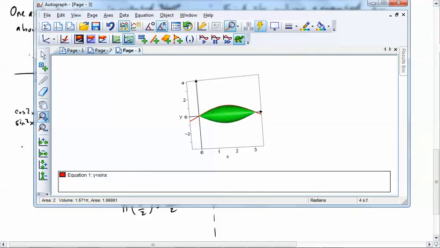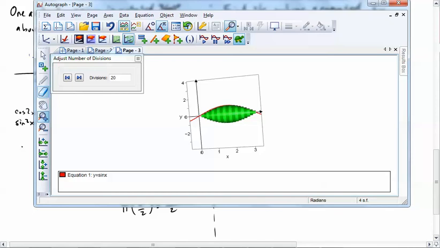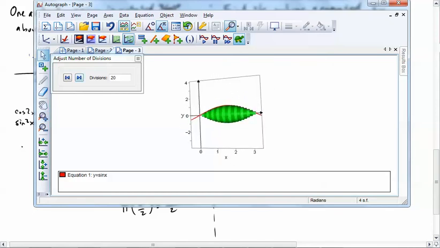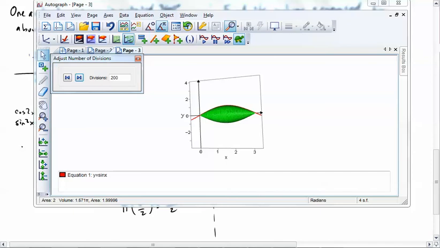Okay, and we'll go ahead and go back to the divisions. So you can see as we increase the divisions, we get better and better volumes there. And so eventually we should be able to get what we hope is the correct volume of our little shape there. And if we go all the way up to 200 divisions, you'll see that our area is up to almost 2.